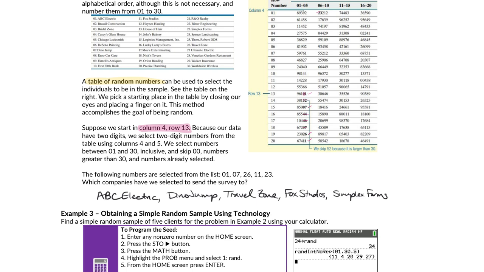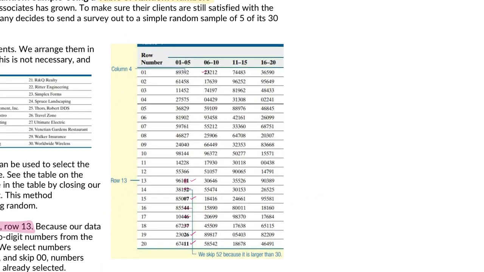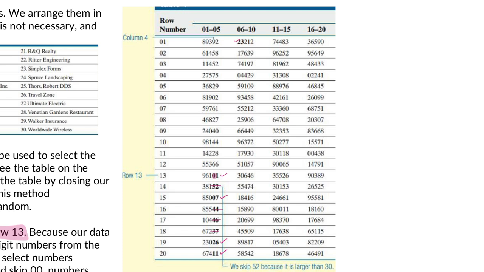Do I need to walk through how you pick the numbers again out of the table? Okay, so theoretically, when you're doing this for actual statistics, you just like randomly put your finger down. You're like, start here. But let's say we happen to put our finger down right here in column 4, row 13. Our first digit is a 0.